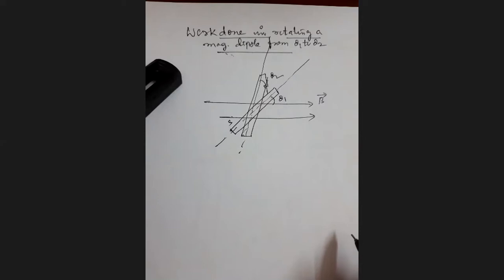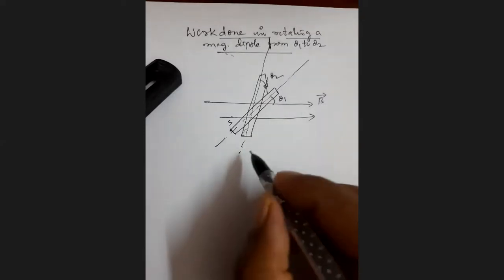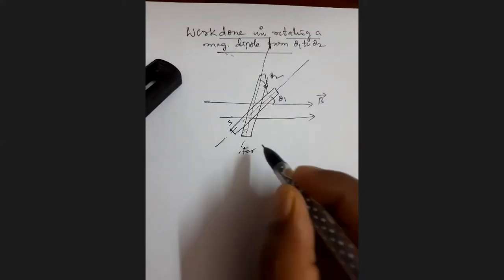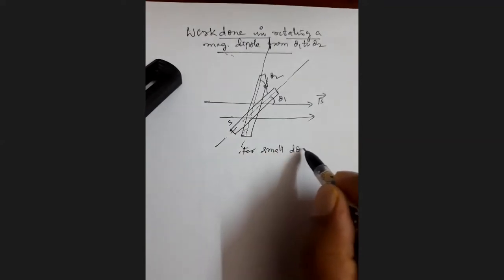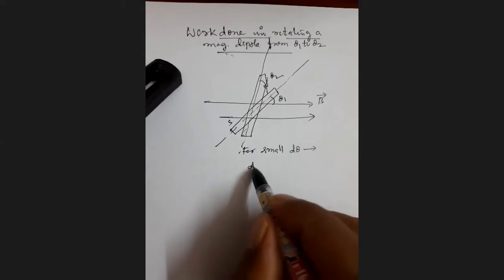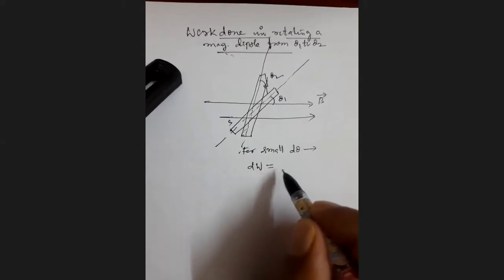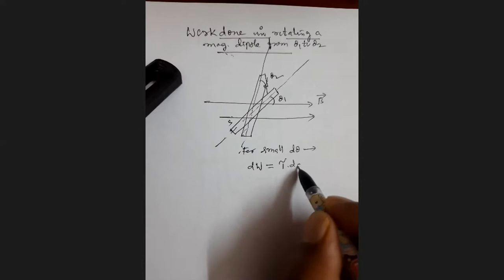So what is the work done? Here let us take, for small angular displacement d theta, the work done we can write as dW equals tau into d theta.